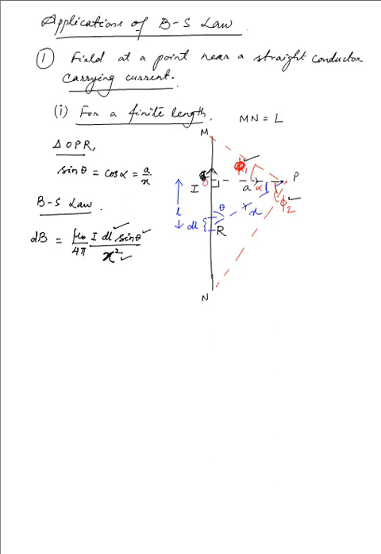And d alpha can vary because alpha is the angle that the points are making with respect to P. The total length of the wire that is being covered by the angle alpha from phi 1 to phi 2 can be easily calculated. We'll see how. So tan alpha will be equal to L in the triangle OPR.